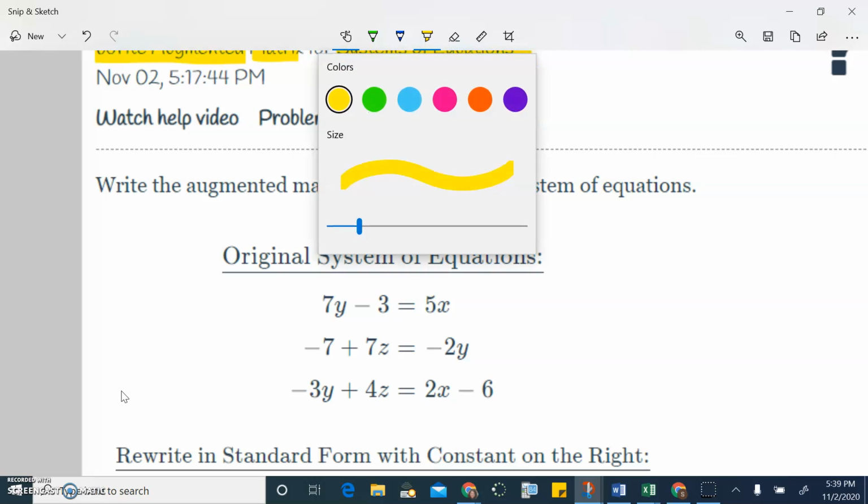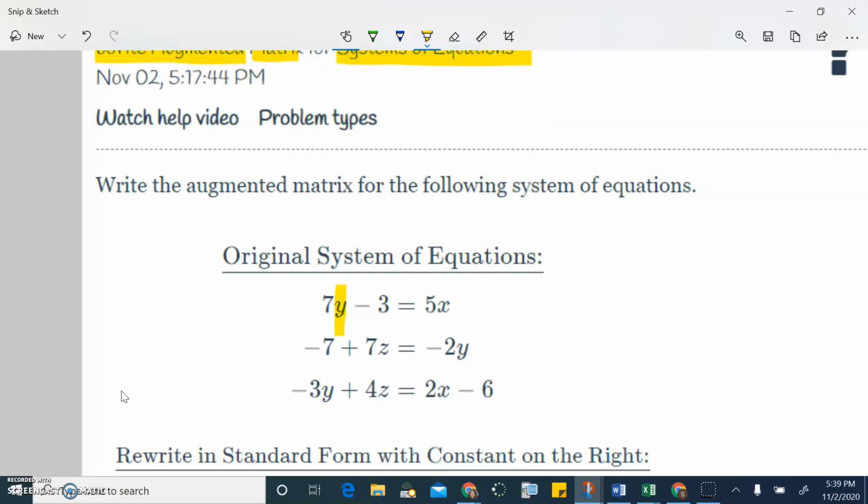So you see all these different letters? Y, X, Z, Y, Y, Z, X. I want all of the letters on the left, so I'm going to have an equal sign.